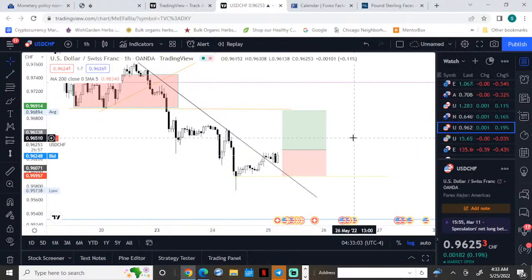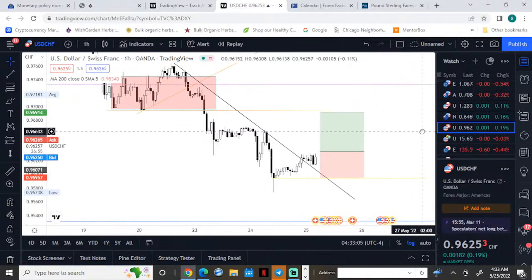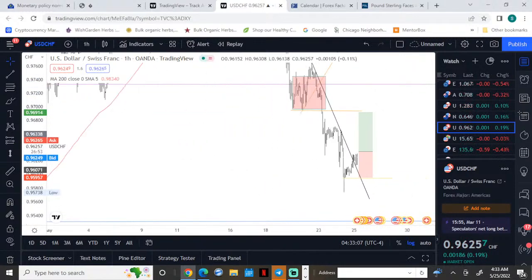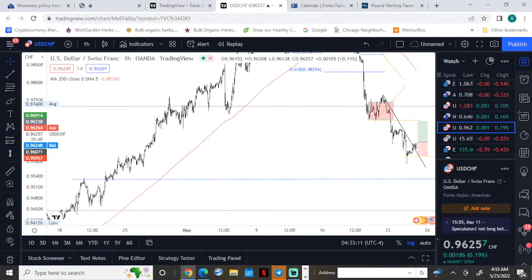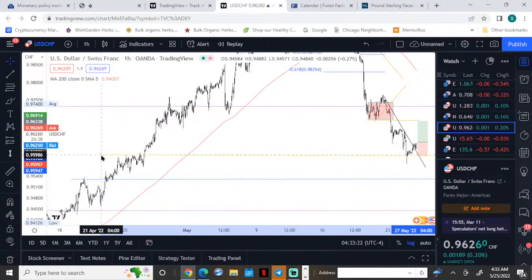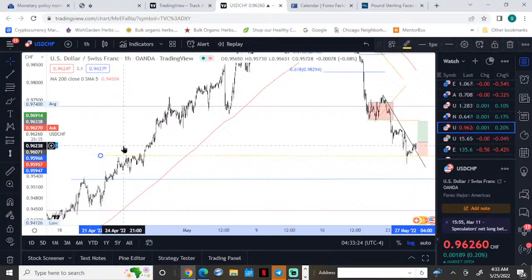Mark this as a support resistance zone. Let's see. I don't know why this is so open, this whole section right here. Do we have any other touches? Yep. I should have had that marked up. Look at that. Stretch that over there.